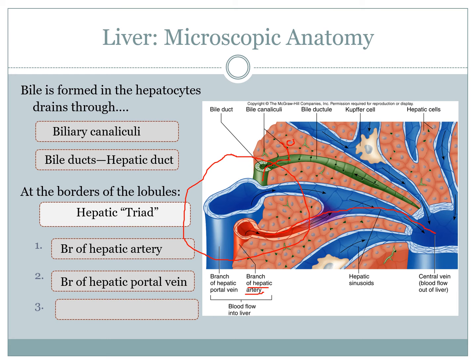Then you have a branch of the hepatic portal vein, and that is right here, and that also goes towards the central vein. And then lastly, you have the hepatic duct, the bile duct, which we already talked about initially. Okay.